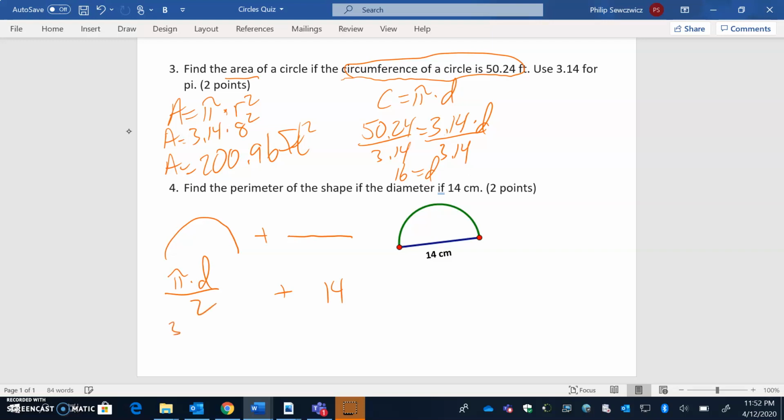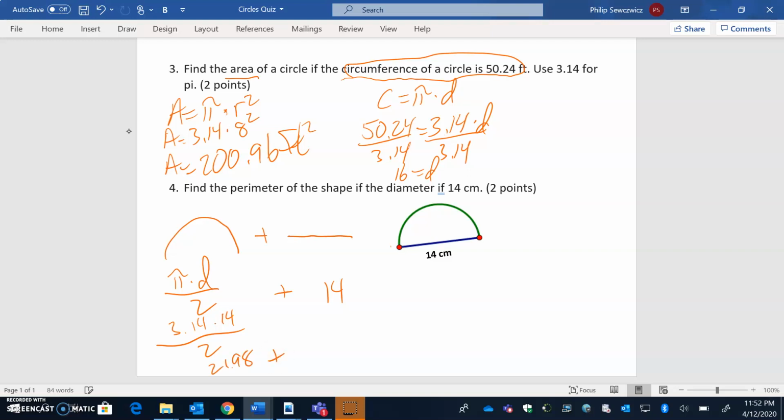Did they tell me what to use? Nope. So I'm going to use 3.14. You could use 22/7, or you could do your exact answer, but because we're making so much use of the calculator, it's just easier to punch it all in. So 3.14 times the 14, again, that is the diameter. Then I need to chop that in half and divide it by 2. Your calculator should tell you 21 and 98 hundredths.